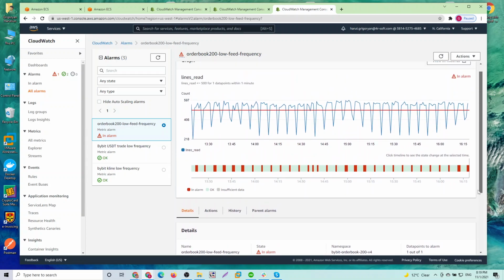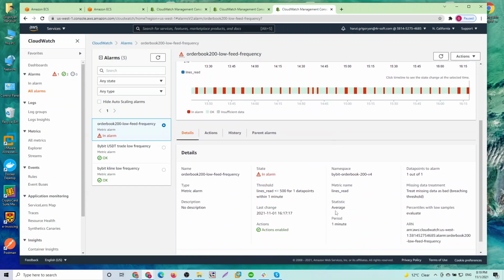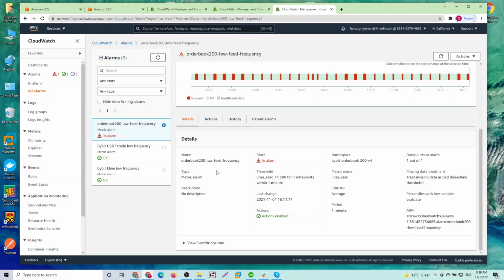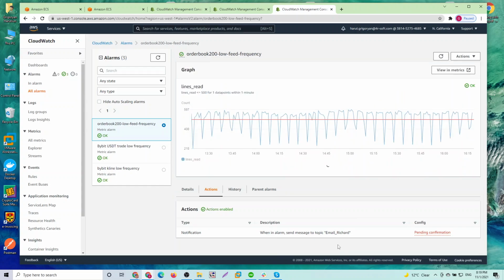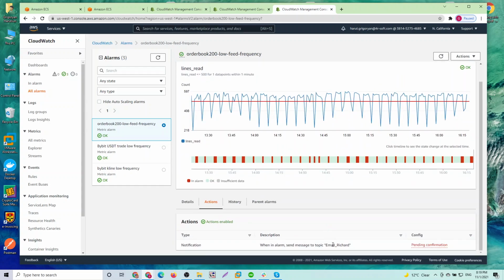Because we expect it to be close to 600 feeds per minute, whenever we get less than 500, we initiate an alarm. And this alarm actually sends emails to Richard. Well, Richard is not only Richard, is myself as well.